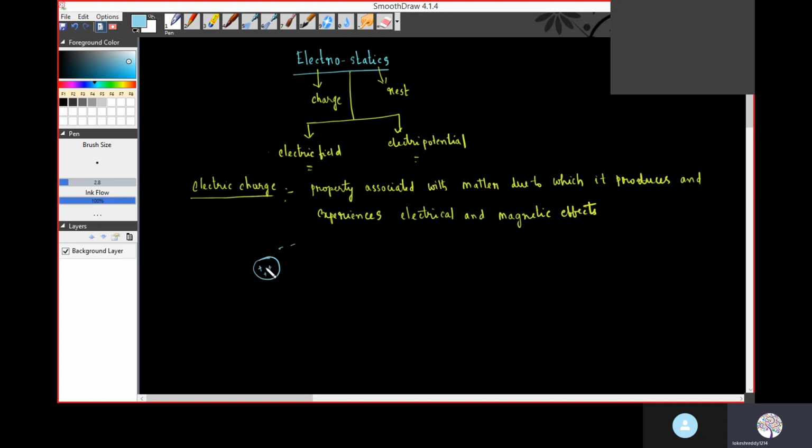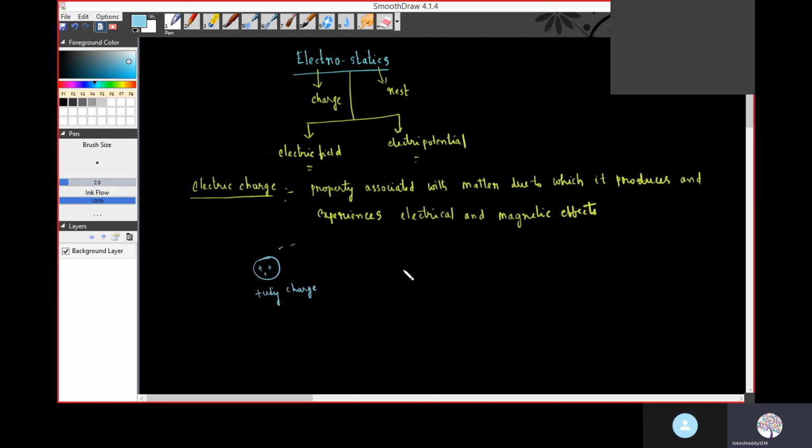So we say it is positively charged. If you are not removing electrons, then the number of electrons is equal to the number of protons, so it is neutral.